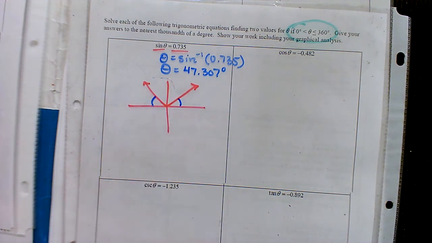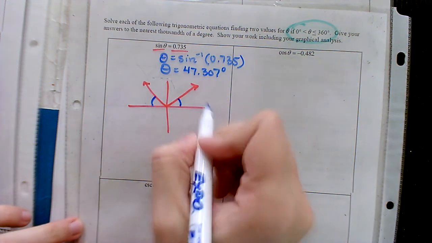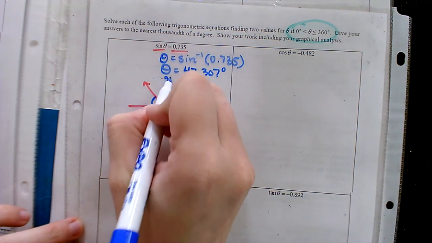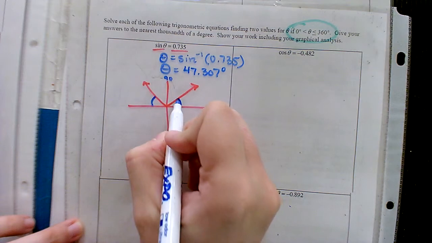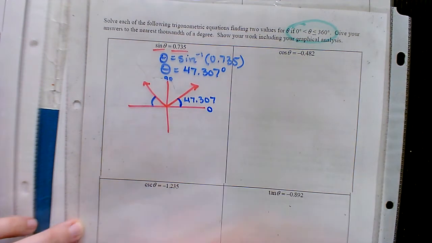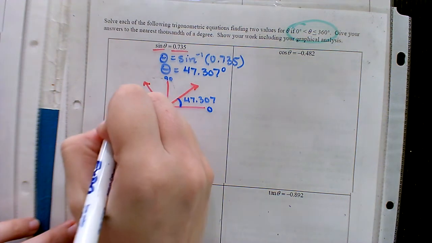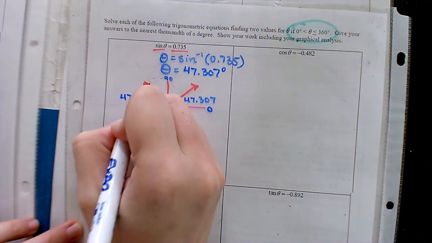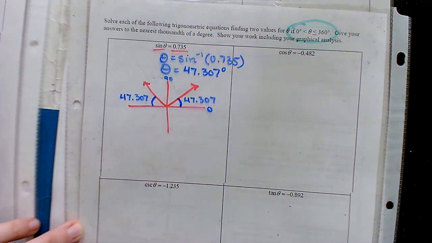Are we in quadrant 1 or quadrant 2? Yeah, quadrant 1, right? Because it goes 0 degrees and then 90 degrees is the very top. So this reference angle is 47.307 degrees. That means the other reference angle is the same, 47.307 degrees.